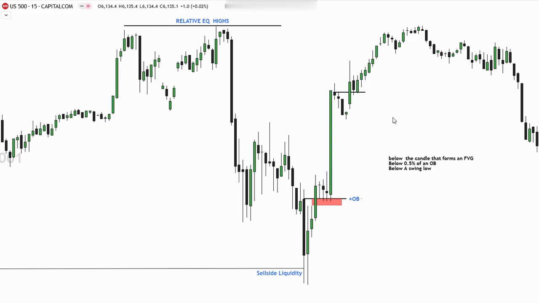So a higher probability order block for a reversal should take out an old low or high, and to make it even more high probability, it should have a fair value gap with it. Then continuation order blocks are after price reacts from a key level like an FVG or an IFVG and such like. So those are the two scenarios and how you can deal with order blocks.